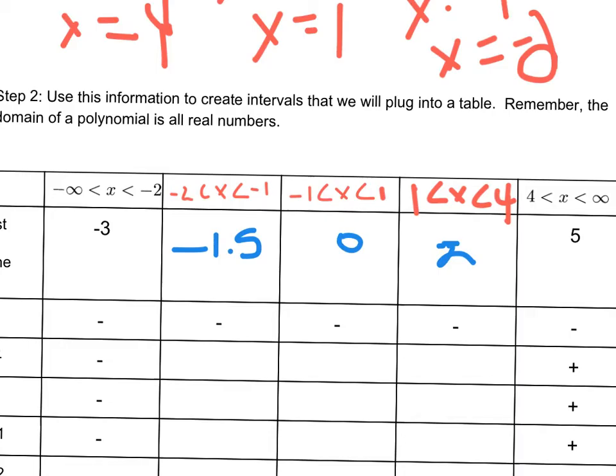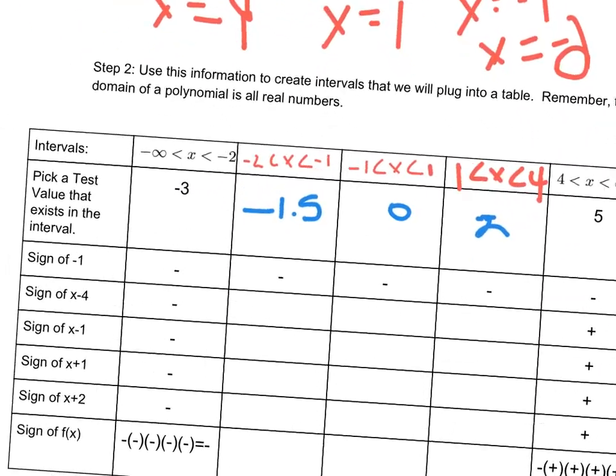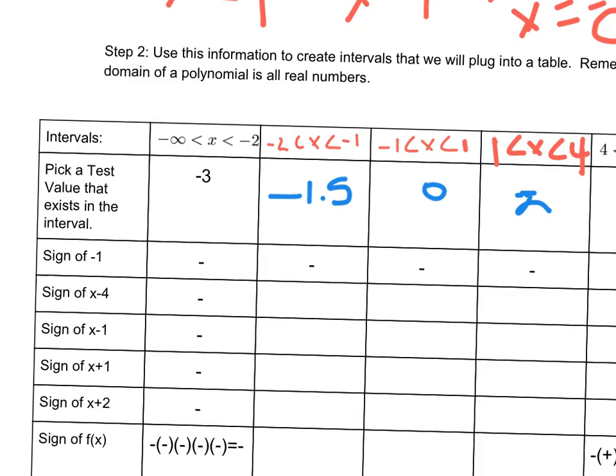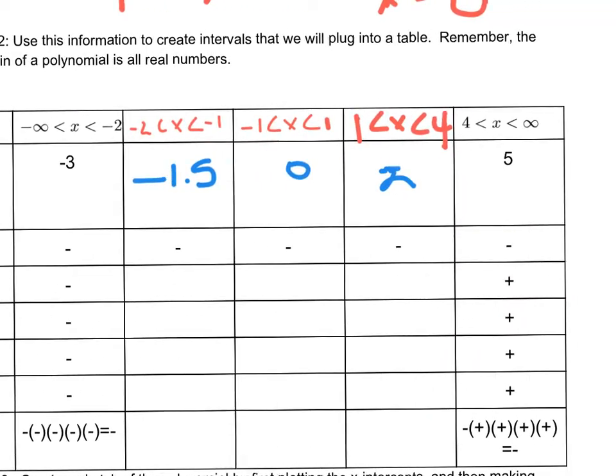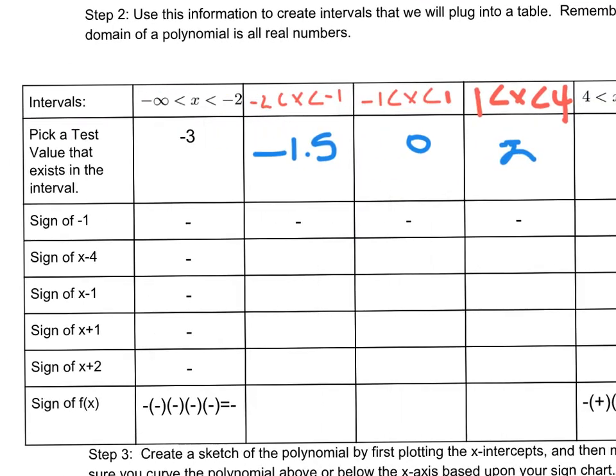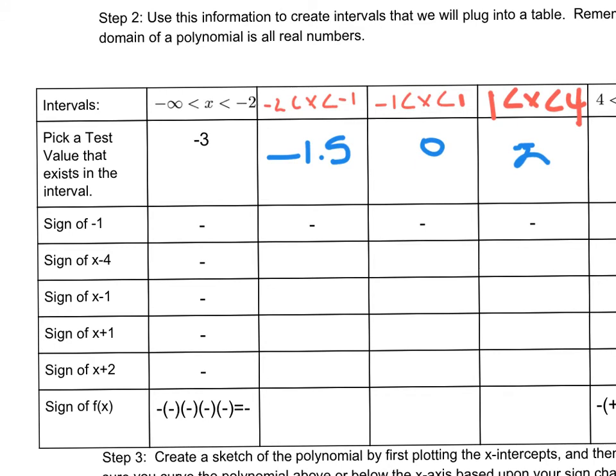All right, now if you notice on our table, I have to list each factor. And keep in mind that negative 1 is one of my factors. So the sign of negative 1 will always be negative. So notice I have that negative going the whole way across because it's always negative. Now I have to figure out what is the sign of x minus 4. So when I plug negative 1.5 in, that's negative. Negative 1.5 minus 1, that's negative 2.5.